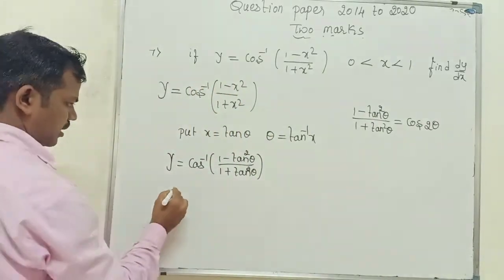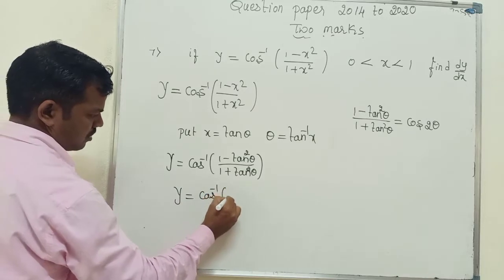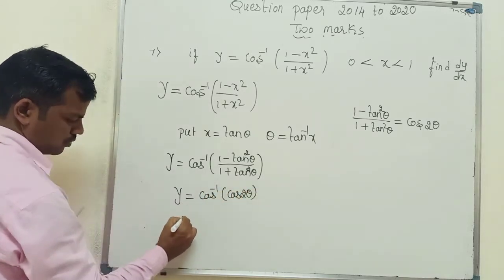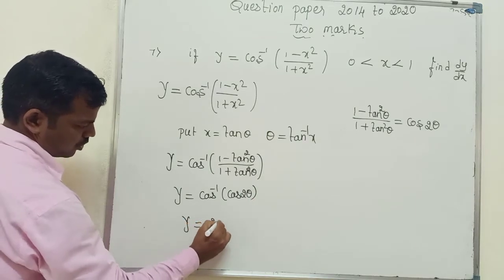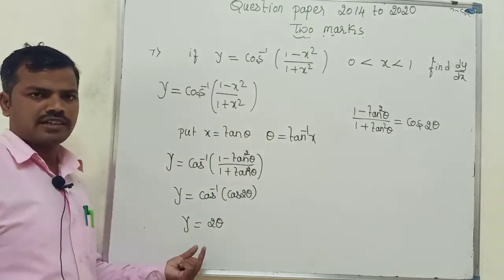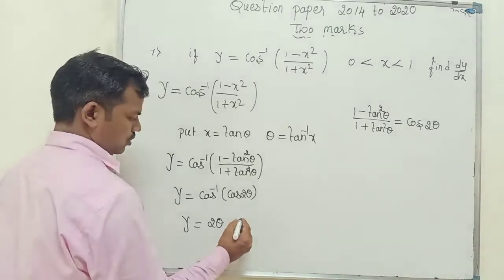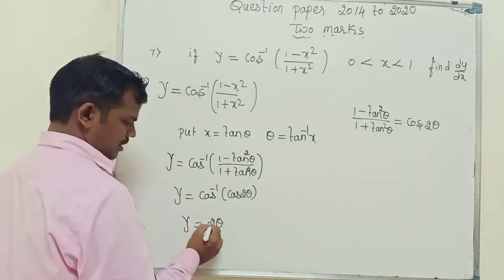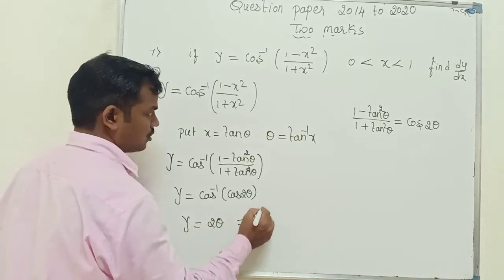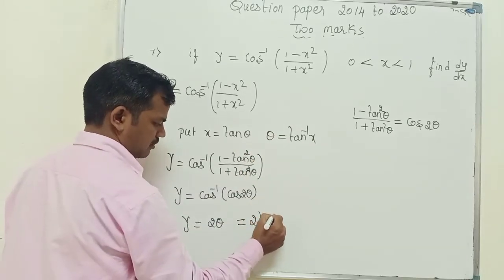Then y is equal to cos inverse of cos 2 theta. Cos inverse of cos 2 theta is 2 theta. Cos inverse of cos theta we have already known is theta. So y is equal to 2 theta, now replace that in terms of x only: 2 tan inverse x.